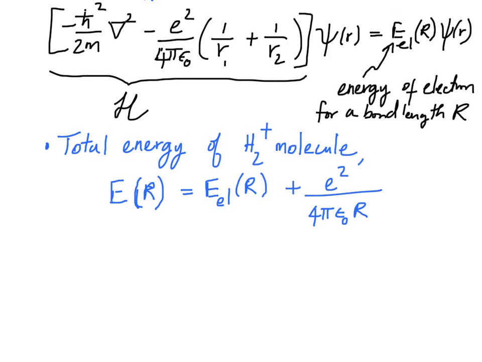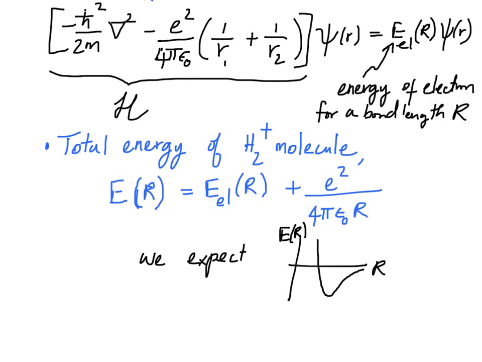They are repelling each other. So there is an electrostatic energy contribution to the total energy, which will be this quantity over here. So for each choice of capital R, we can solve the Schrodinger's equation, get this quantity, add it to this quantity, and then we get the total energy E. And we can plot this total energy as a function of capital R. We find the minimum, there will be a minimum, and that minimum will correspond to the equilibrium bond length of this molecule.